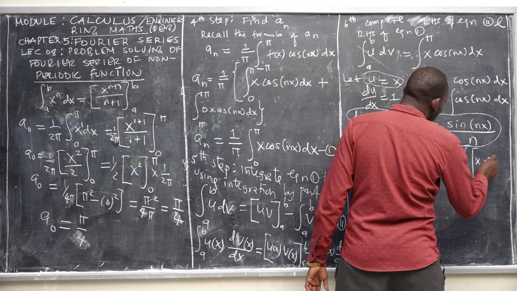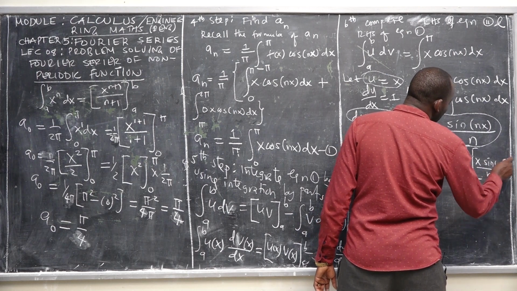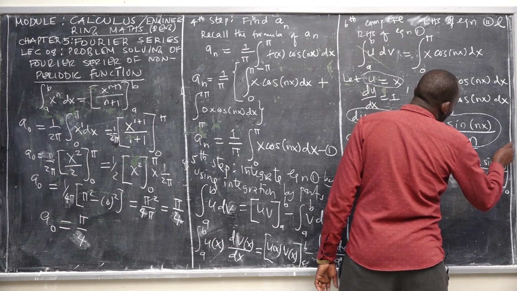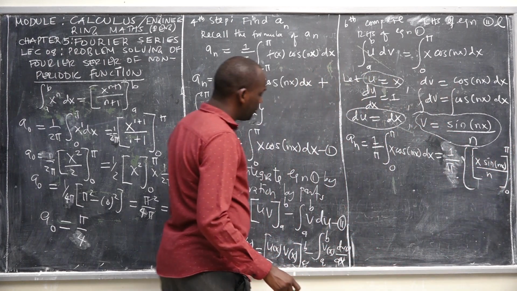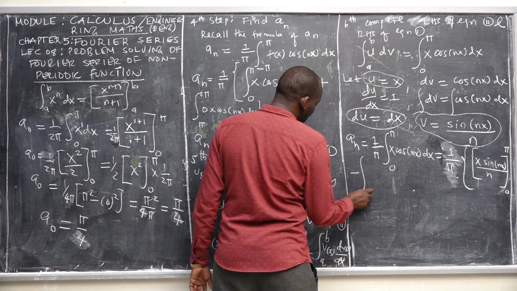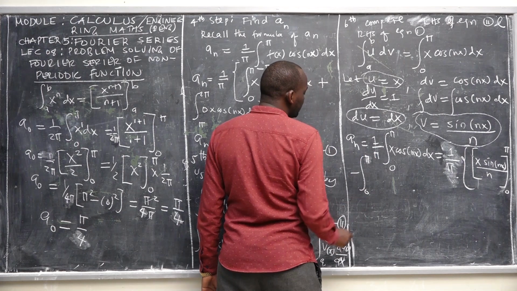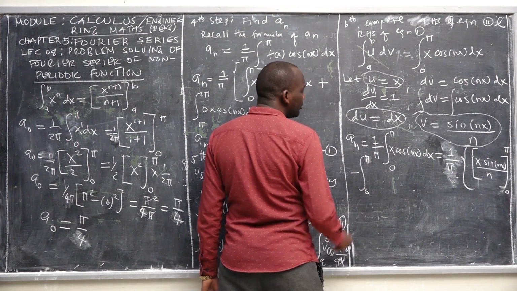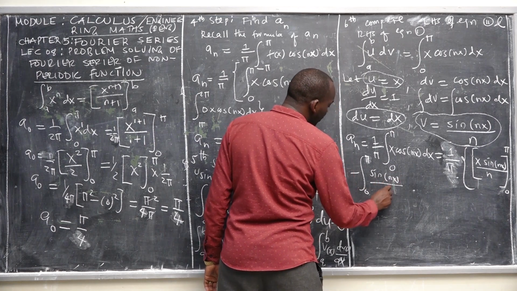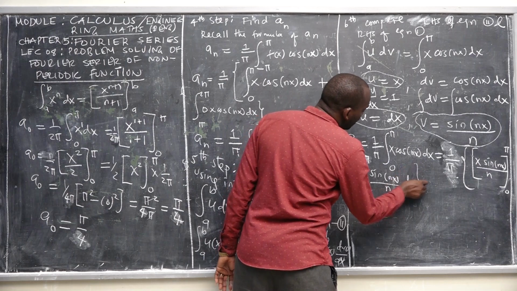What is v? Sine of nx over n, from 0 to pi, minus the integral from 0 to pi of v du, that is sine of nx over n dx. Then we close the curly bracket.